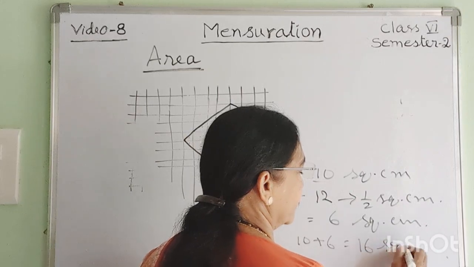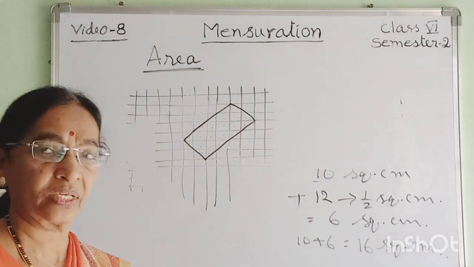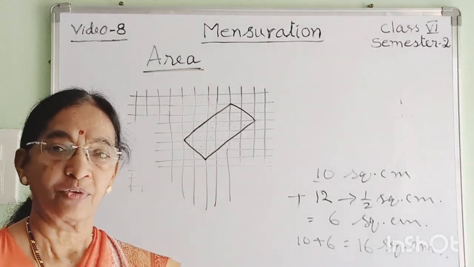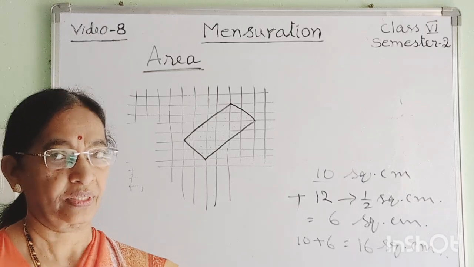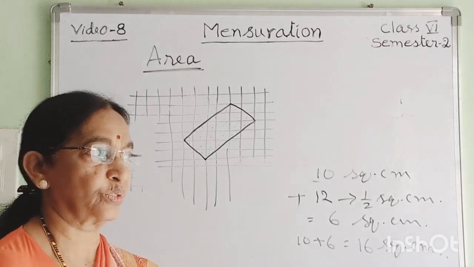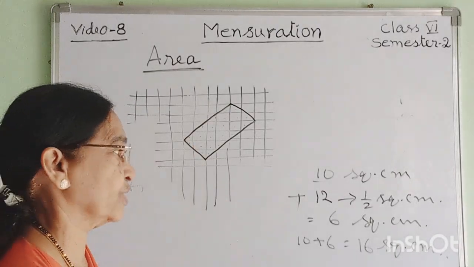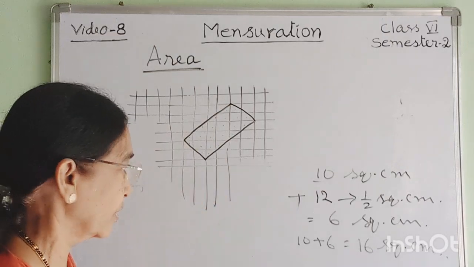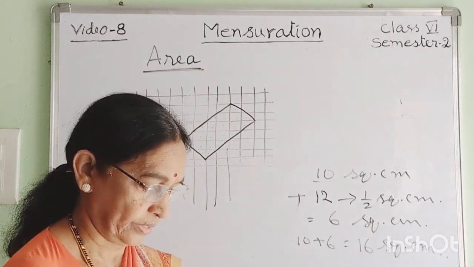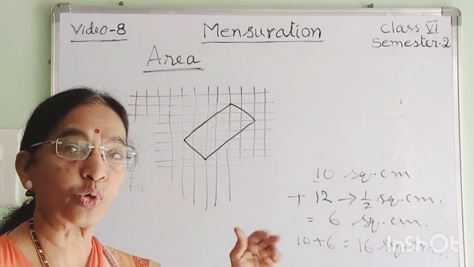It is an exact value, because the figure is made up of straight lines and there are only full squares and half squares. Therefore, there is no neglecting part or extra taking part. The exact area of this figure is 16 square centimeters. Thus, we can estimate the area of some closed figures.